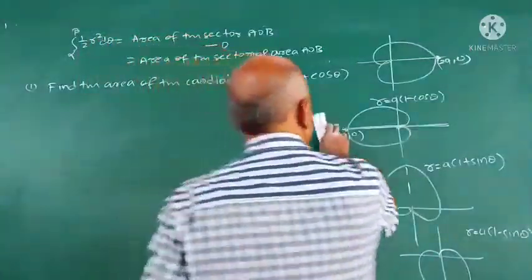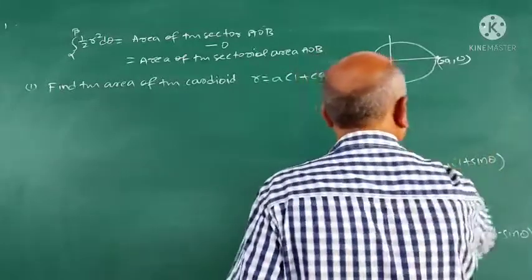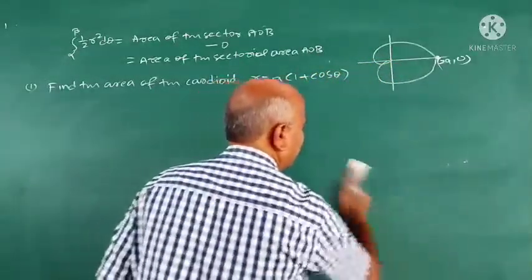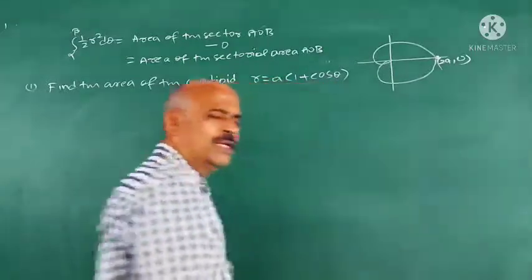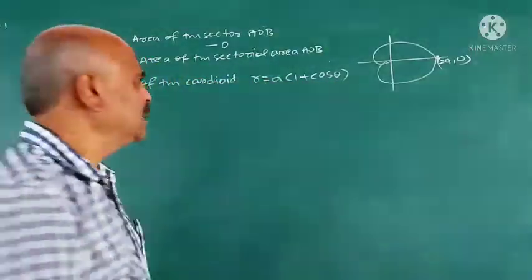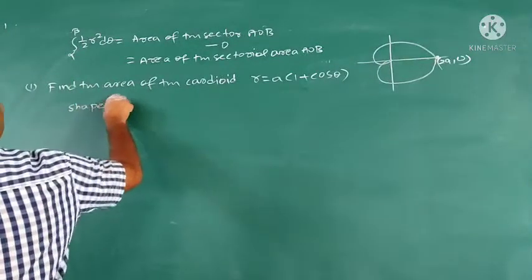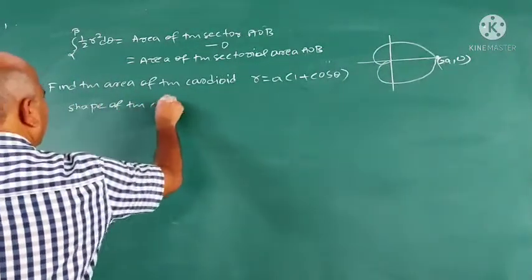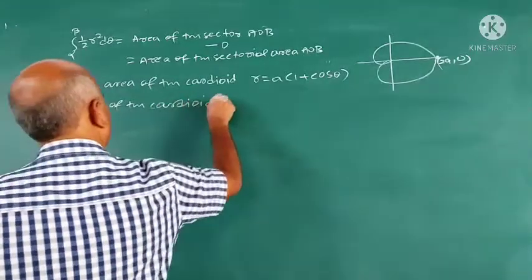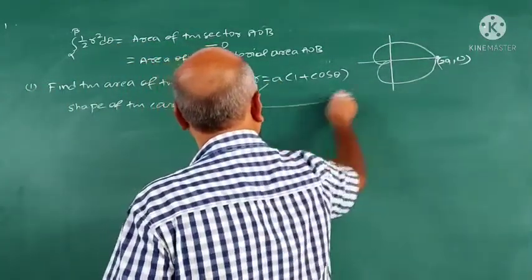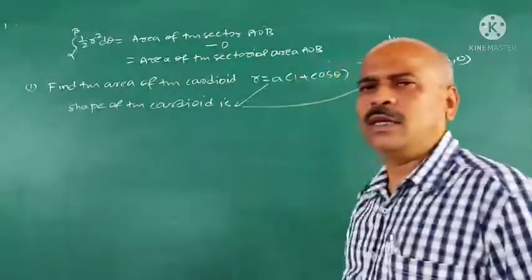Now the problem is to find the area of the complete curve, that is, the cardioid. This is a closed curve. The shape of the cardioid is like this.